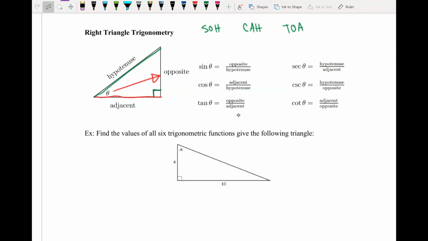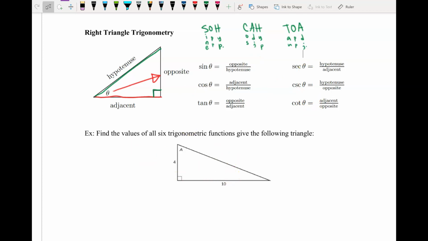So you can think of sine being the opposite over the hypotenuse, the cosine as the adjacent over the hypotenuse, and the tangent as the opposite over the adjacent. Okay, so you can just write it that way. And obviously the secant, cosecant, and cotangent, we don't really memorize these, because if we have sine, cosine, and tangent, then we can figure out the rest of them.